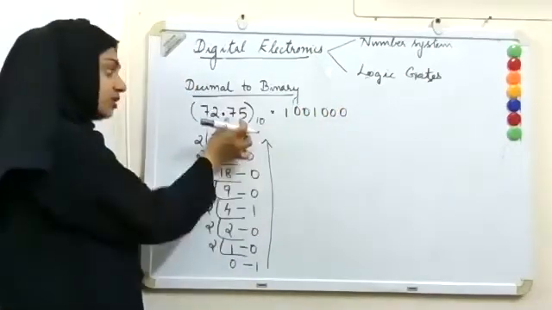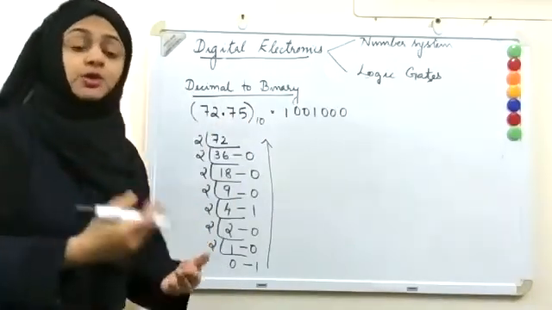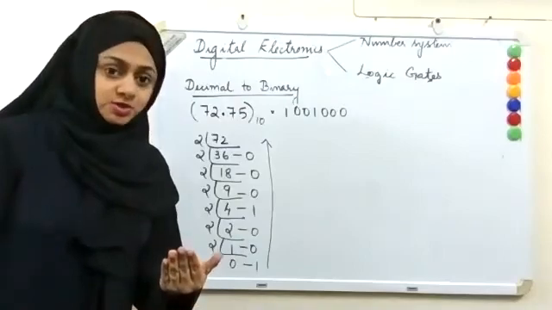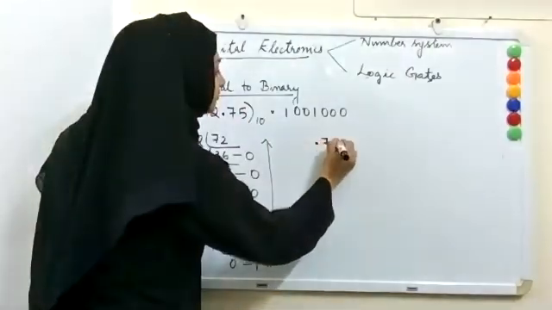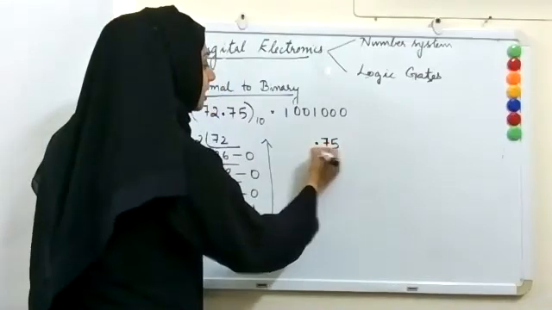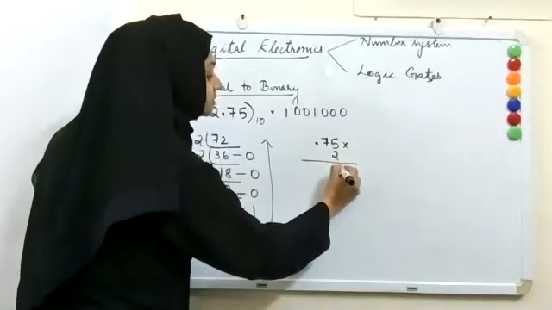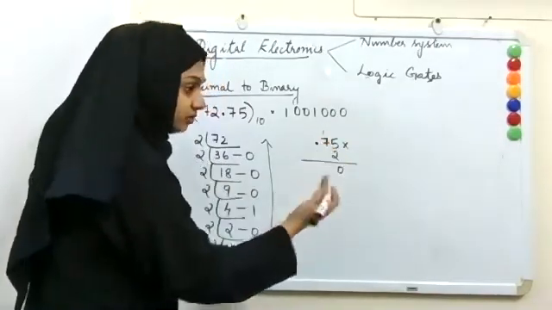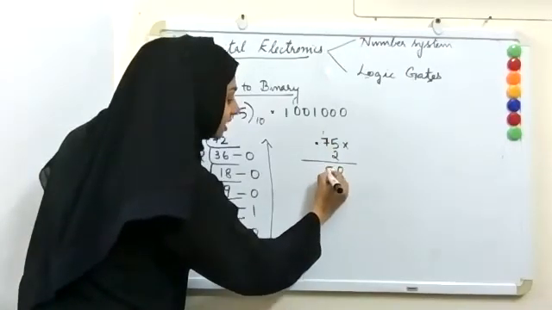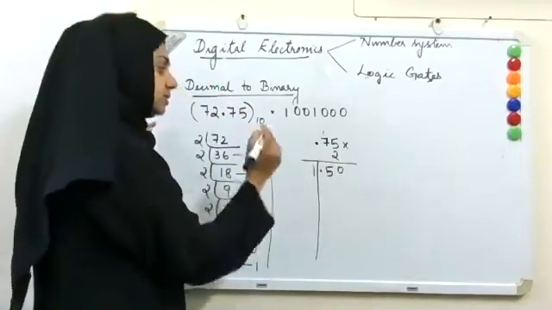Not finished, because we have the decimal part. How to convert the decimal part? You have to multiply with 2 successively. So I'm taking 0.75 and multiplying it with 2. 2 times 5 is 10, 0, 1 balance, 2 times 7 is 14, so 15. So 5 I will write, and 1 comes out of the decimal.